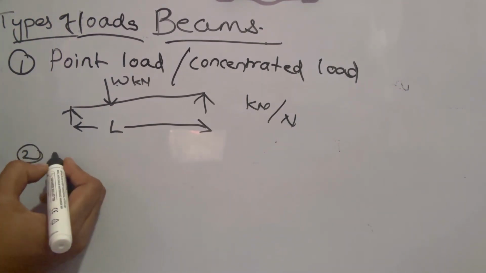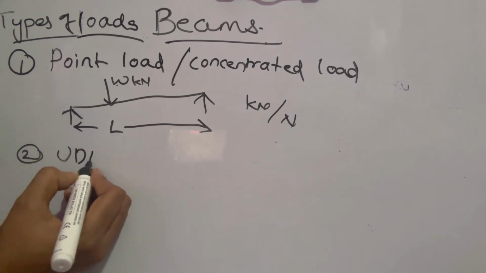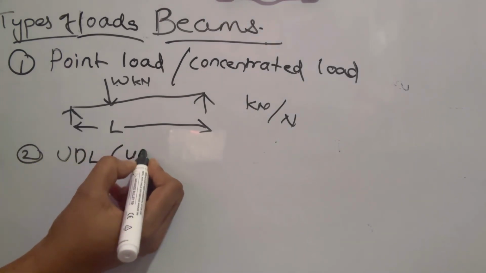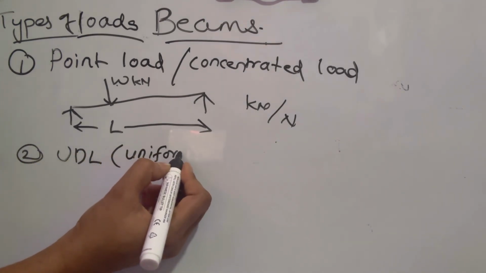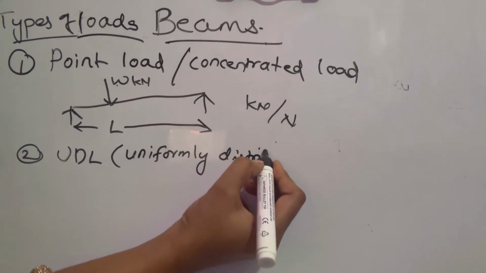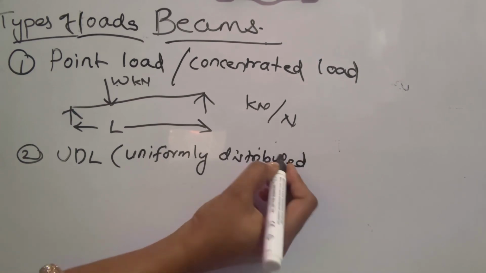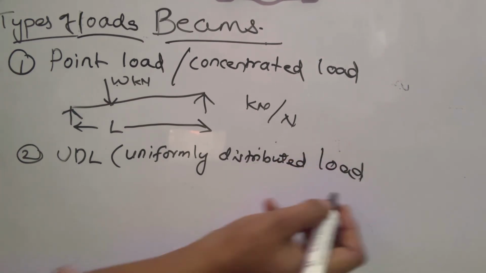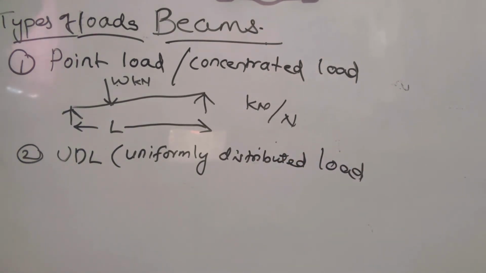This is not per meter, it is kilonewton or newton. Don't be confused. Then you have a uniformly distributed load. Second type of load is a uniformly distributed load. Uniformly distributed load means the load which is distributed uniformly throughout the span of the beam.